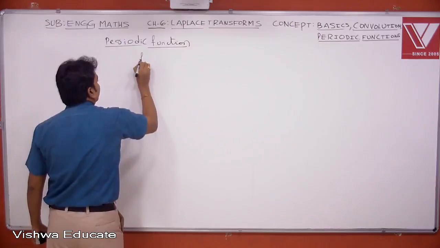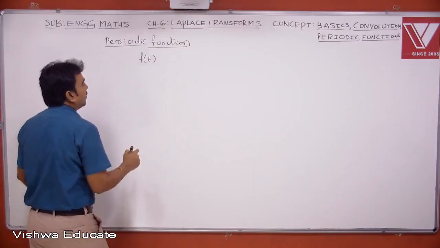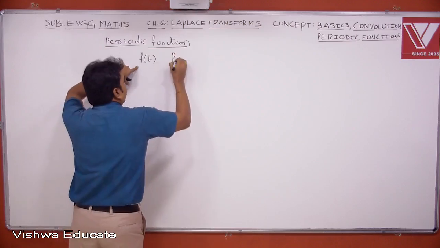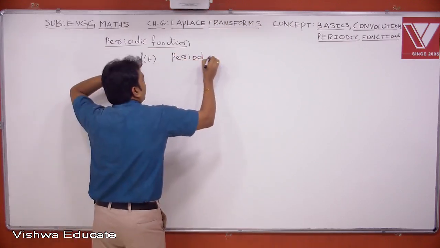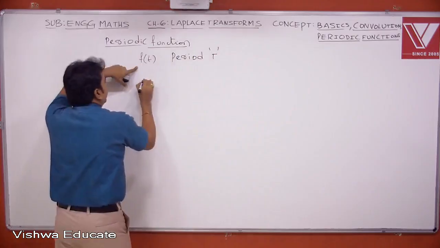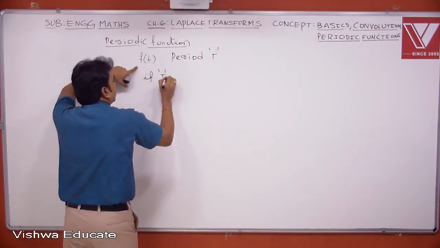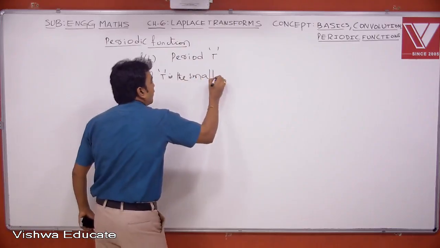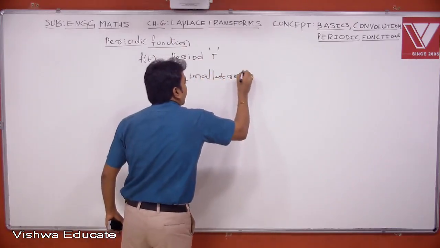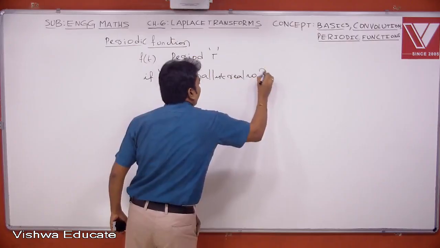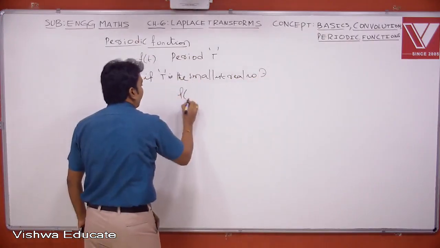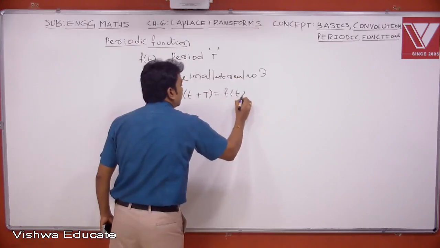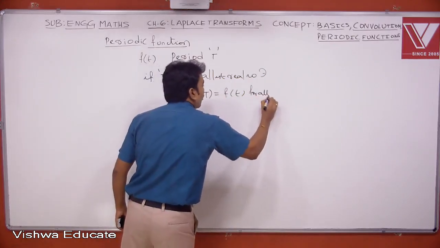Suppose we have a function f in the variable t. We say that this is a periodic function with a period capital T if capital T is the smallest real number such that f of small t plus capital T equals f of t for all t.